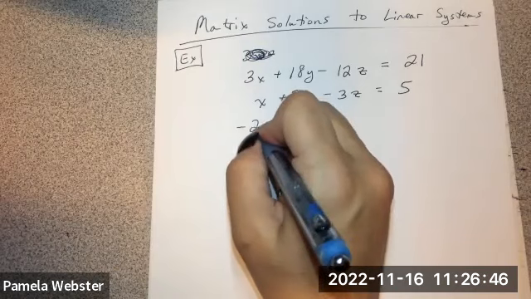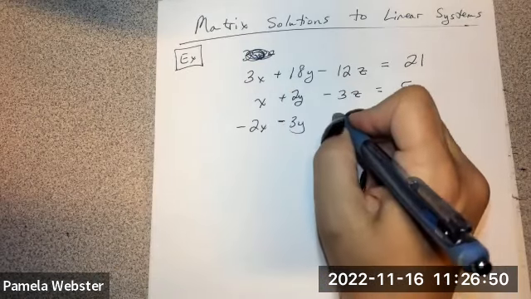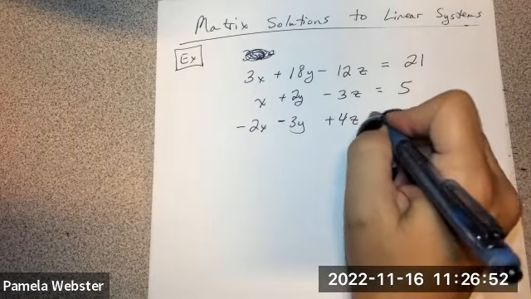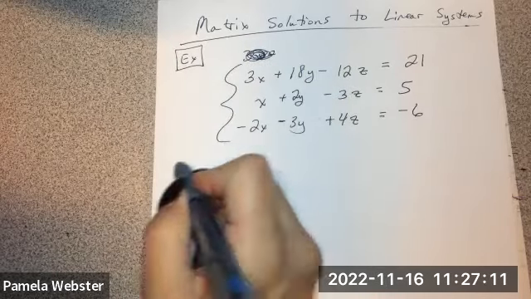And negative 2x minus 3y plus 4z equals negative 6. Okay. So like I said, a lot more difficult. All of a sudden, immediately we have more crazy stuff going on there, right? So, okay, this is my system.